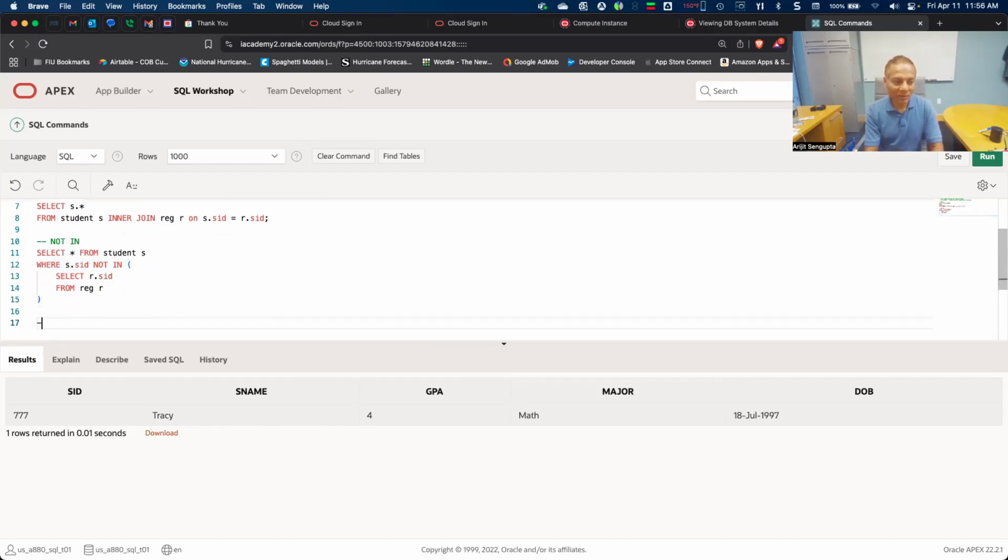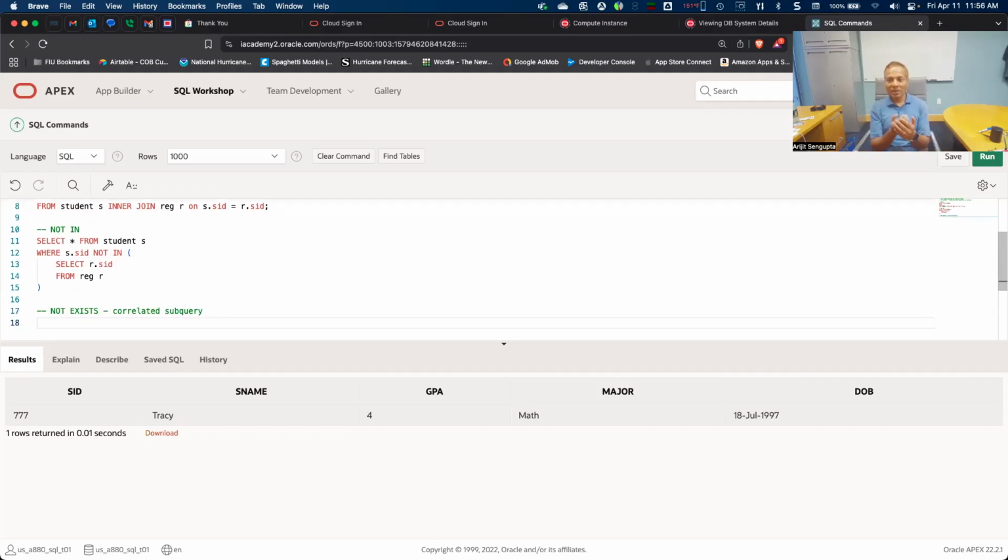Now, there is another one very similar to not in, and that's called not exists. And this one requires something called correlated subqueries. Now, a correlated subquery is where you are creating an alias outside and you're referring to that alias from inside a subquery.